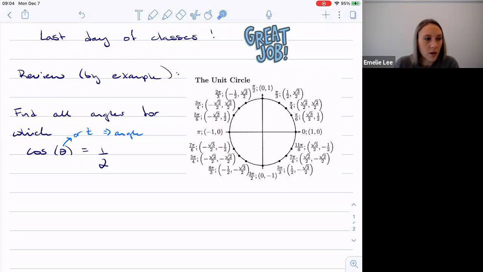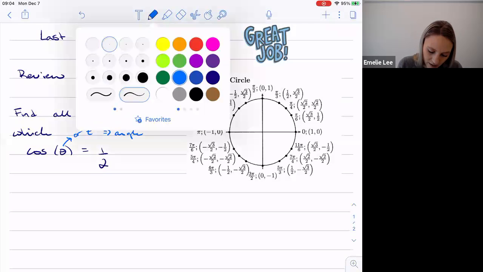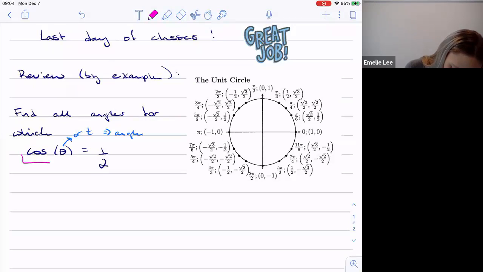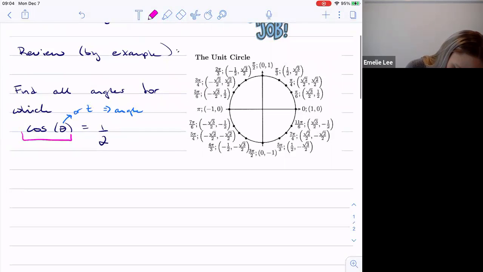Okay, so we want to find all the angles for which cos theta is equal to 1/2. Now, cos theta, remember last day, we said that the cosine of the angle is really the x coordinate in the terminal point.